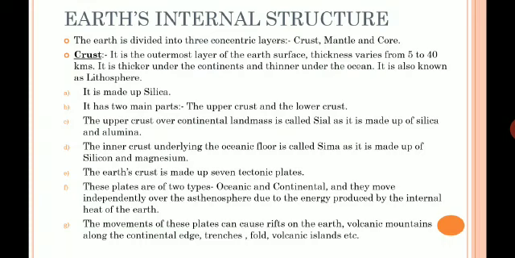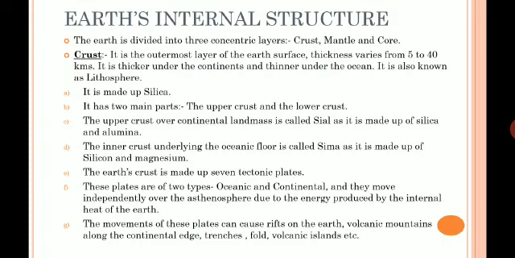The Earth is majorly divided into three concentric layers: crust, mantle, and core. Let's talk about the crust. It is the outermost layer of the Earth's surface, and thickness is around 5 to 40 kilometers. It is thicker under the continents and thinner under the oceans, and it is also known as lithosphere. The crust is made up of silica.